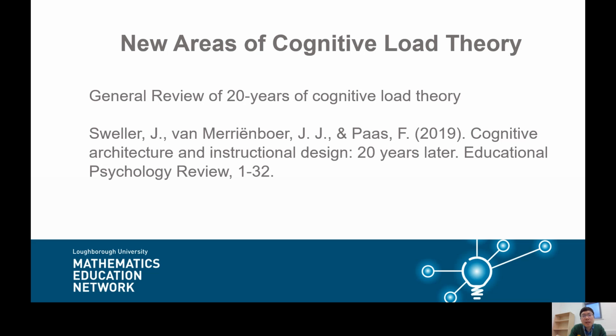Okay, and at the end, I would like to introduce some new areas of cognitive load theory. Firstly, Sweller and his colleagues published a review paper to review the results of 20 years of cognitive load theory. So they summarized how cognitive load theory has been developed during the 20 years.